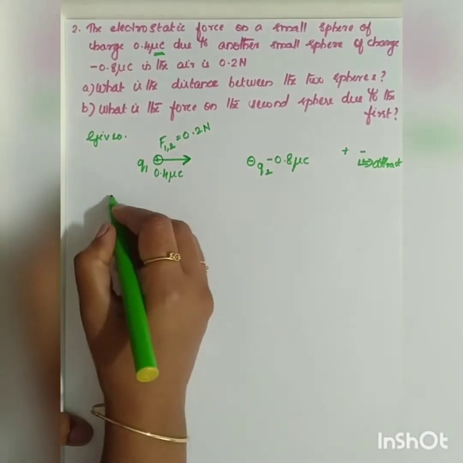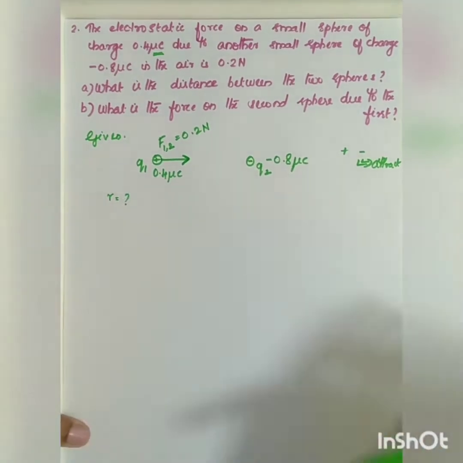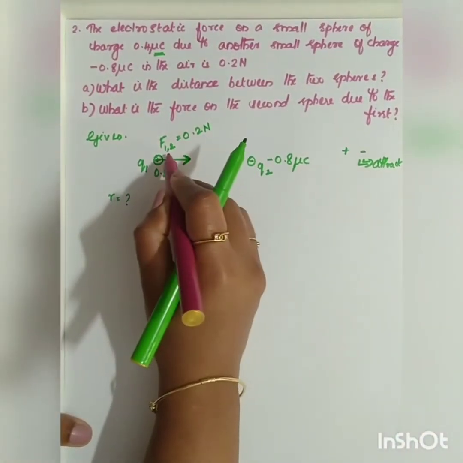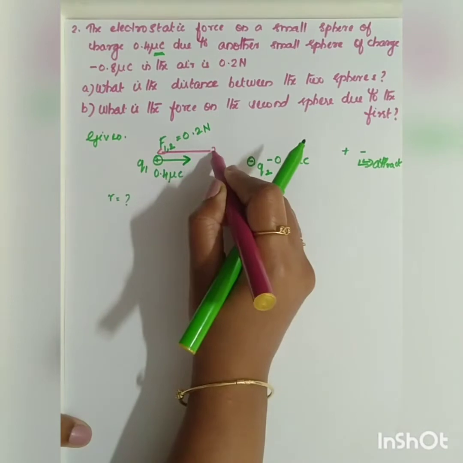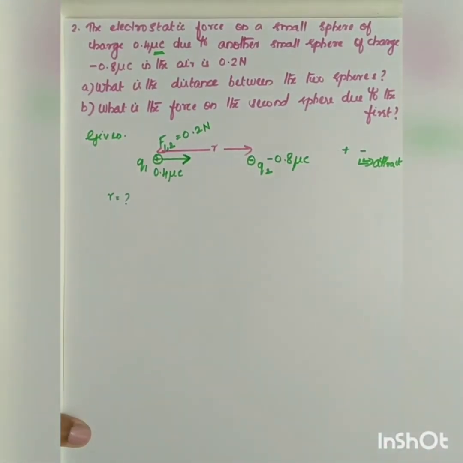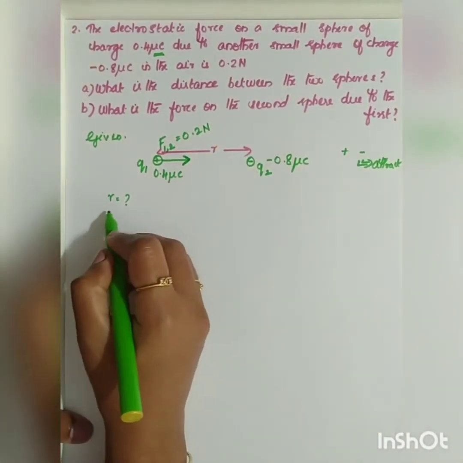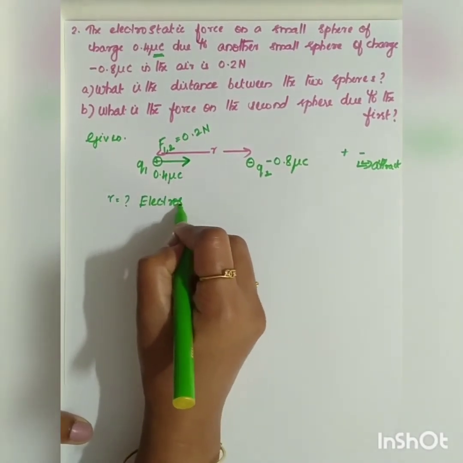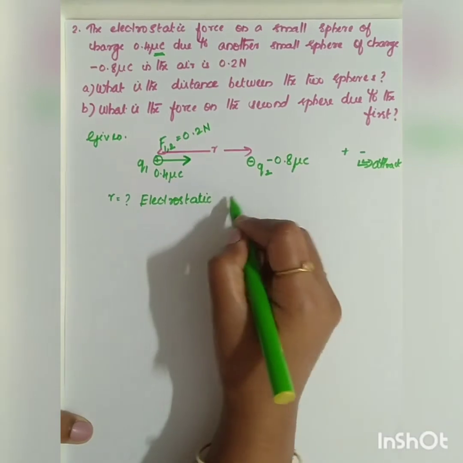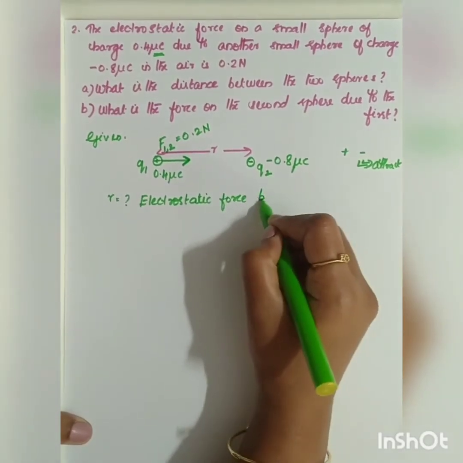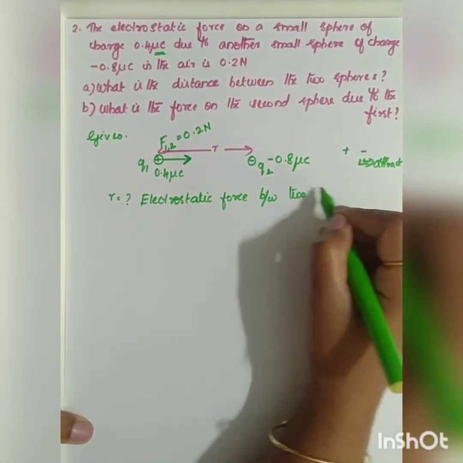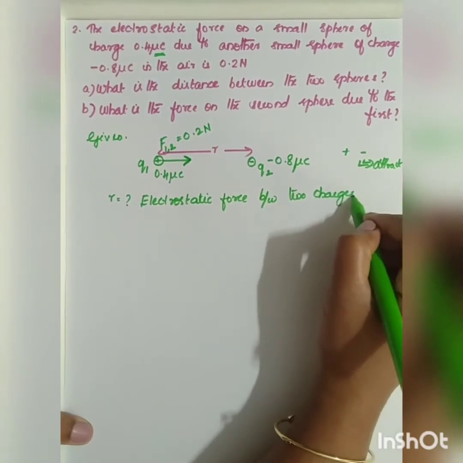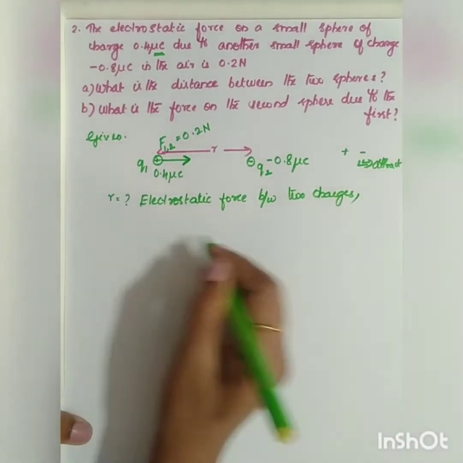Now we have to find out the distance. Distance is equal to R. So let me take another color. This is your distance between the two charges, R. By Coulomb's law, you know that the electrostatic force between two charges is given by, what is the formula?